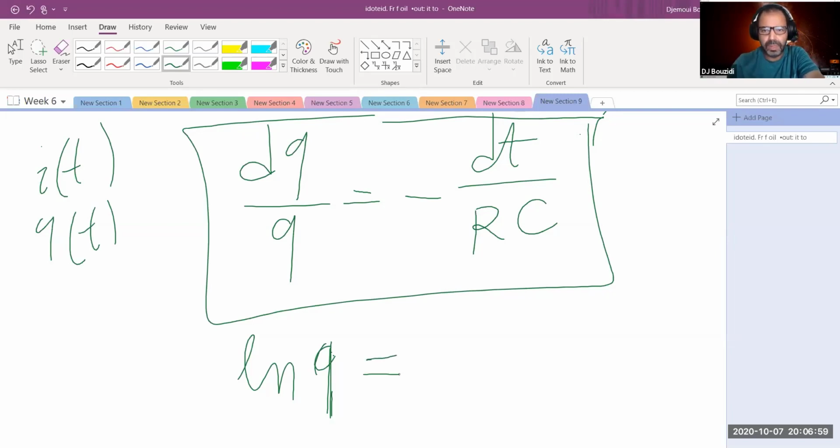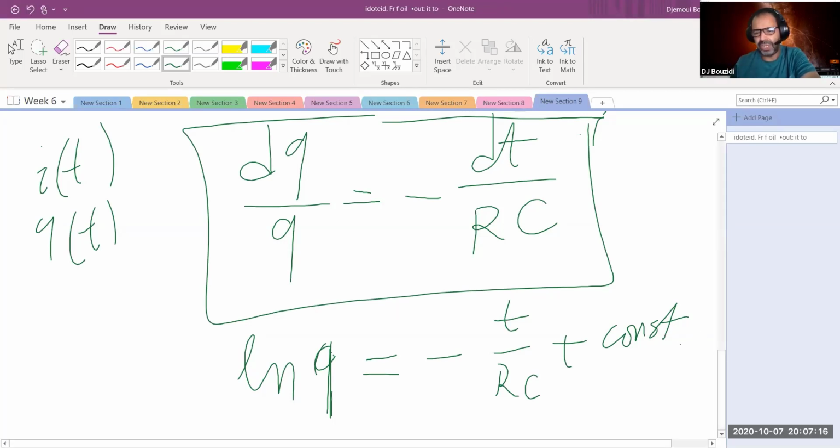Equals minus the integral of dt, which is just t in this case, over RC, plus a constant. That's the antiderivative. Now, of course, I don't like this ln business, so we're going to exponentiate everywhere.